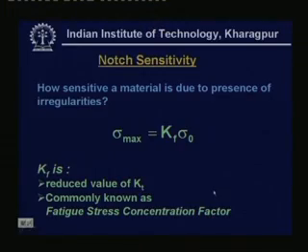So, thereby again a definition comes into picture where sigma max as usual is written as Kf into sigma 0, as you can see in this equation. I need not define what is sigma max and sigma 0, but in this particular case the Kf is what? Kf is actually the reduced value of Kt.